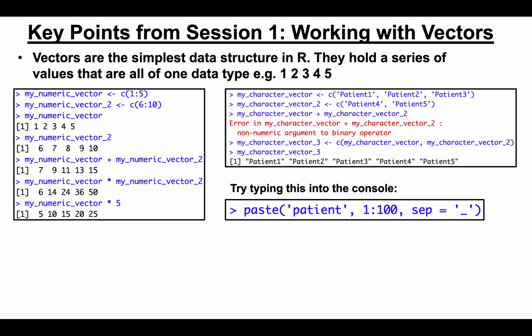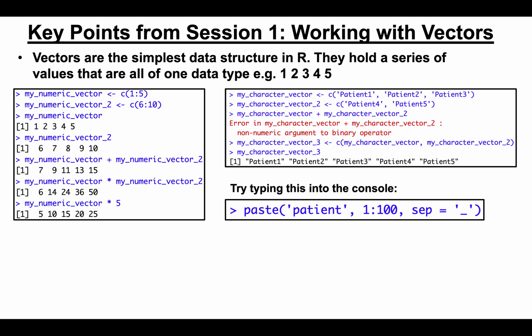And we looked at how we can work with vectors. We saw how to create vectors. We got some experience with our first function that we spent a lot of time with, which is the c function, which stands for combine or concatenate, and it lets us smash things together into a vector. So we can say c of 1, and then using the colon operator, all the values from 1 to 5 inclusive, and we can put that into a vector.